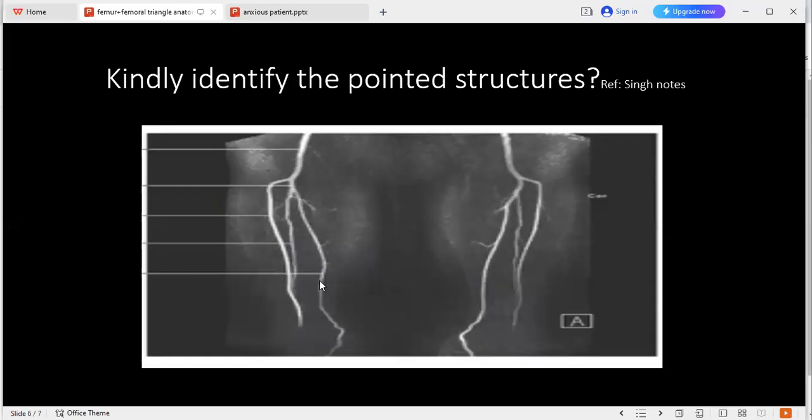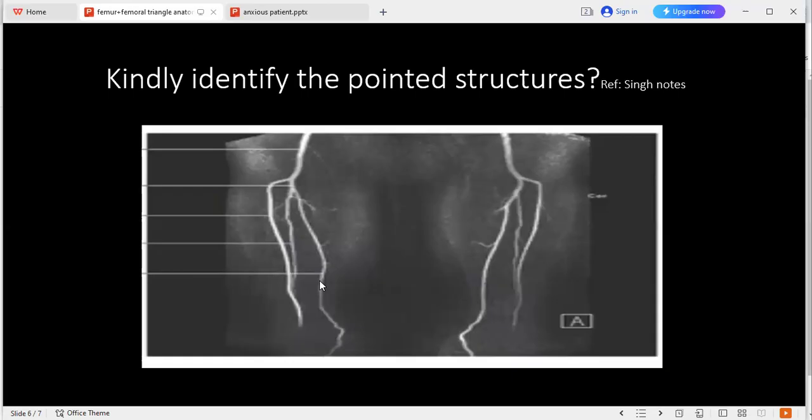No, the femoral canal is the most medial, medial to the femoral vein. Please tell me one physiological and one pathological advantage of the femoral canal. The femoral canal gives space for the vessels like the femoral vein and artery to expand. And pathologically, it is a potential space for a femoral hernia.